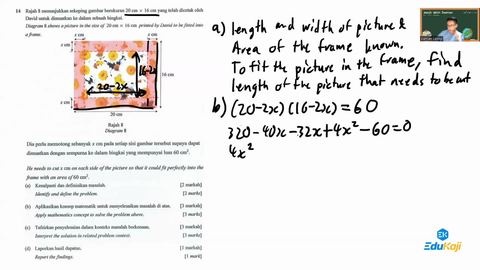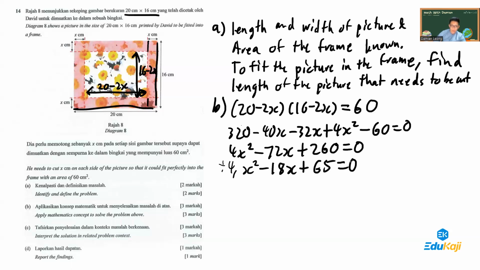So put the x squared first: 4x squared, minus 40 minus 32 is minus 72x, 320 minus 60 plus 260 equals 0. So all of this I can divide by 4. Then I get x squared minus 18x plus 65 equals 0, which I can factorize.